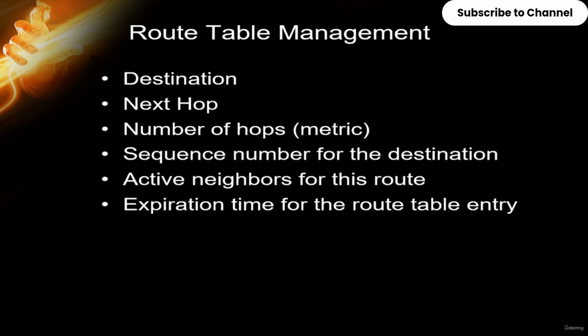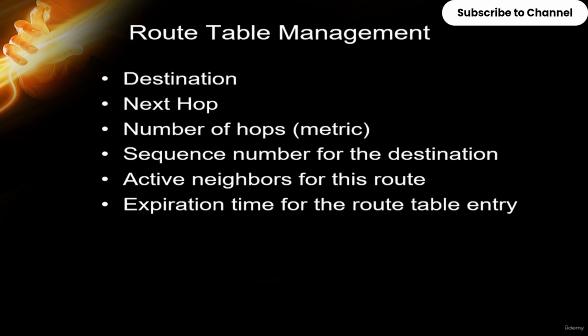It has the destination, number of hops, sequence number of the destination, active neighbors for this route, and expiration time for the route reply entry. Each time a route entry is used to transmit from a source toward the destination, the timeout for the entry is reset to the current time plus the active routing time.